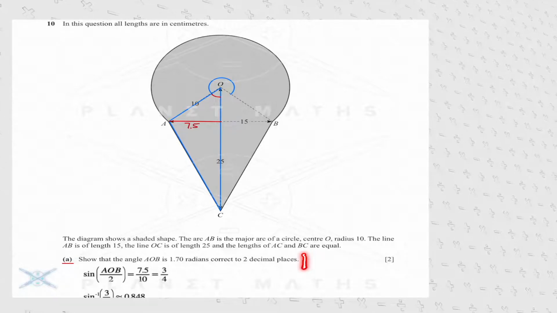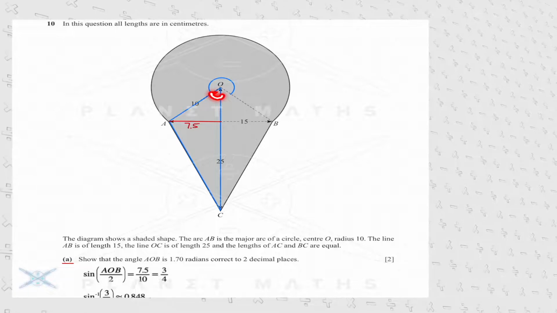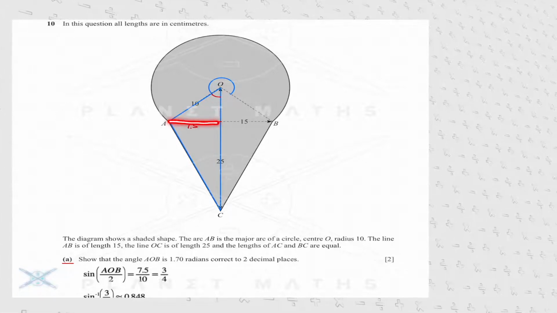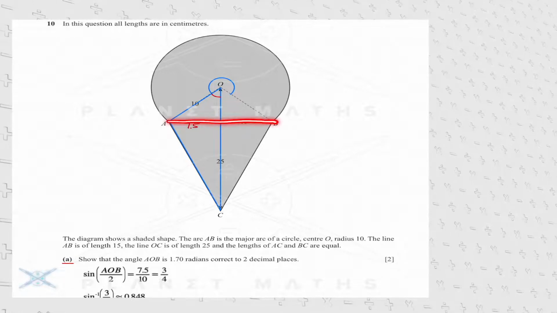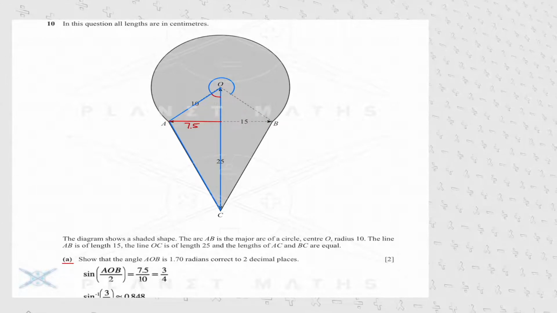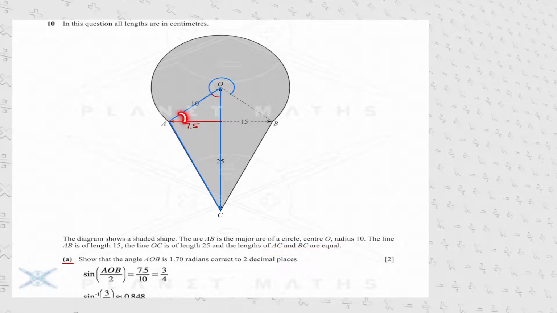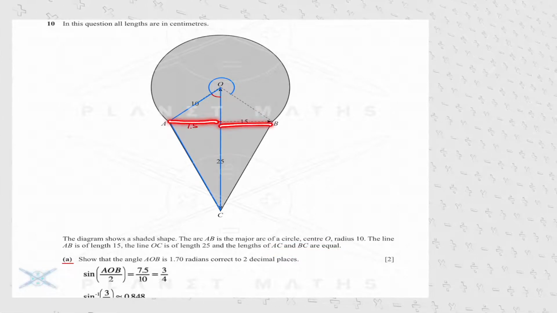The angle AOB can be determined employing the law of sines, since the opposite of this angle can easily be determined, as we just have to divide the length of AB, which is 15, by 2. We can do so exploiting the fact that AC and BC are equal. Therefore, those two angles must be equal as well as those two lengths here.